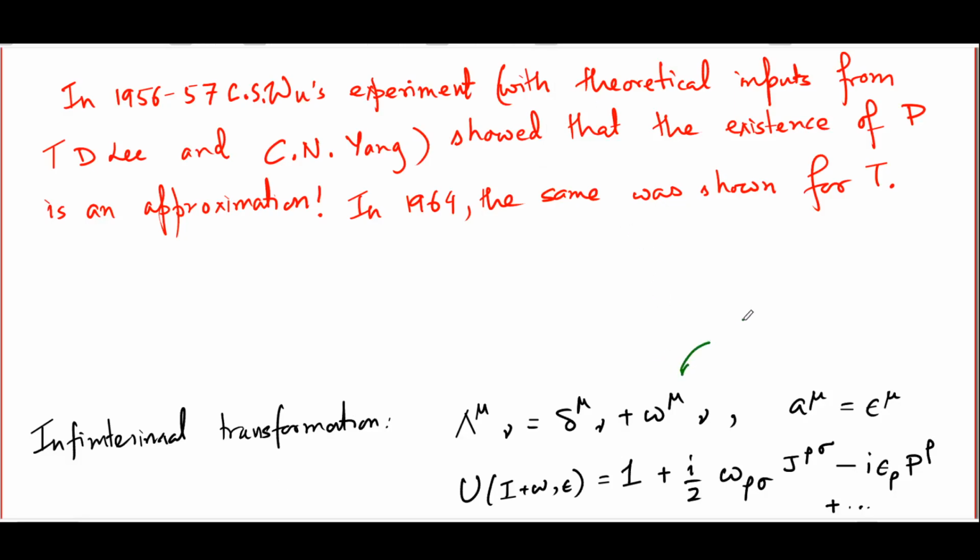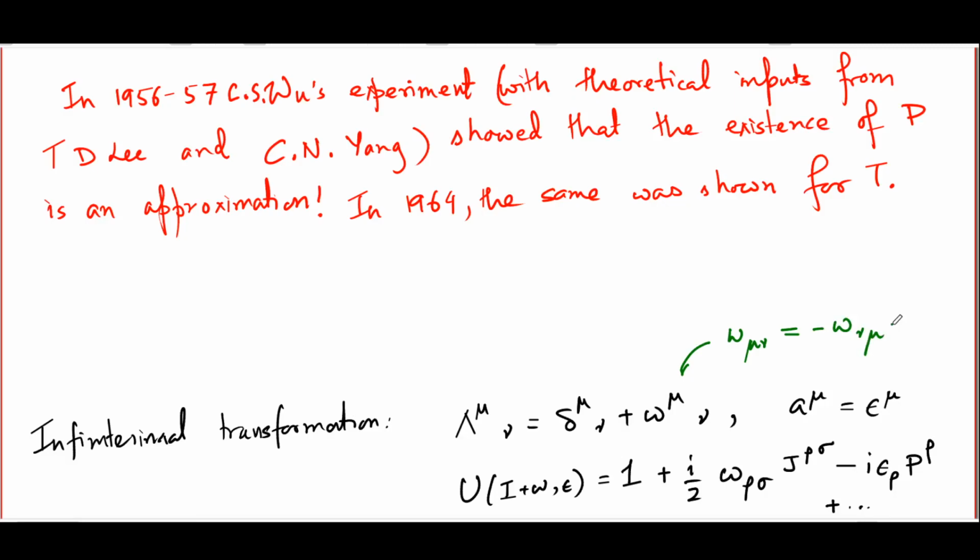We had earlier seen that in order that Λ^μ_ν be a Lorentz transformation, ω^μν must satisfy the following relation. It must be completely antisymmetric in the indices when written with two lower indices.